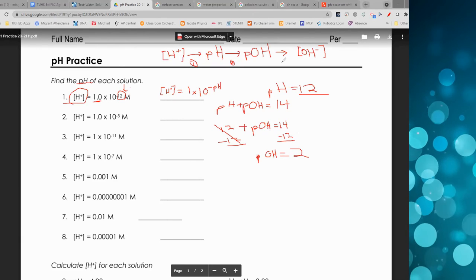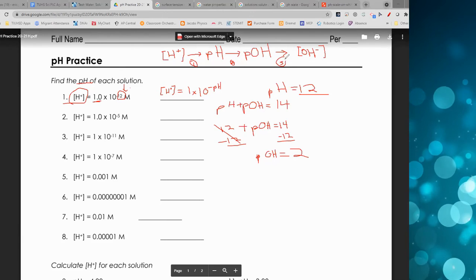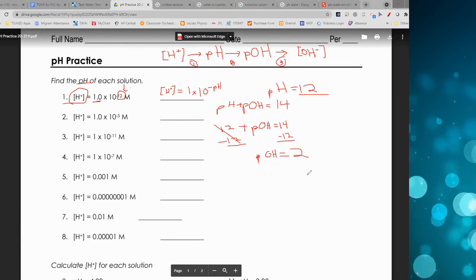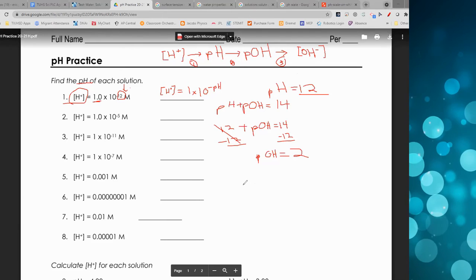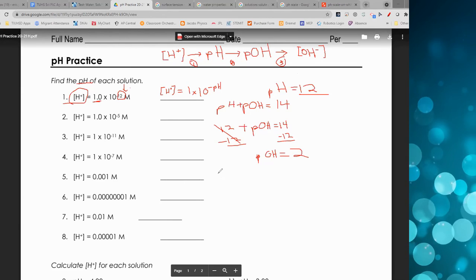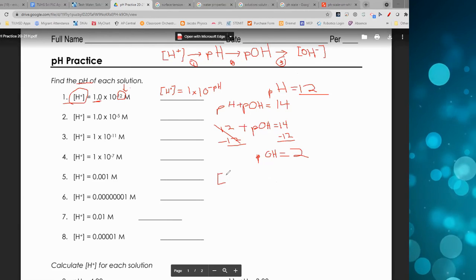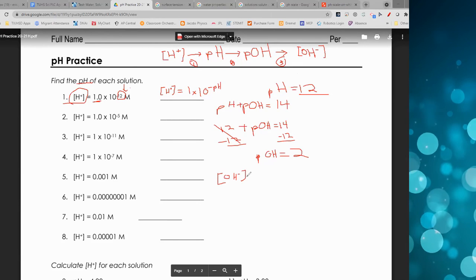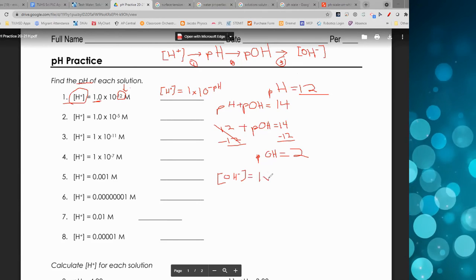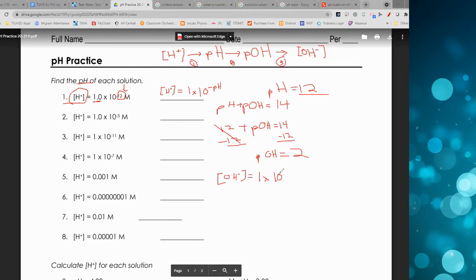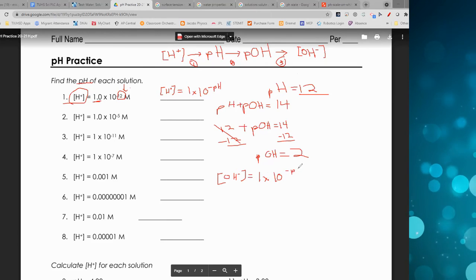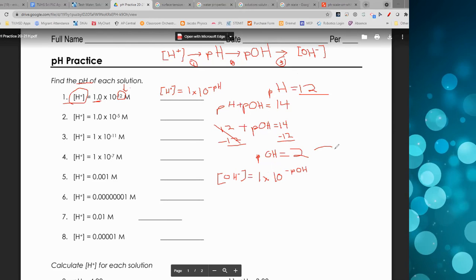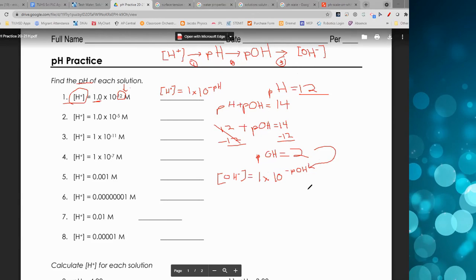Well, the third thing I can now do, number 3, is convert that to hydroxide ion concentration. So again, it follows the same type of equation where the concentration of OH minus is equal to 1 times 10 to the negative pOH. So all I need to do is take that number and write it here.